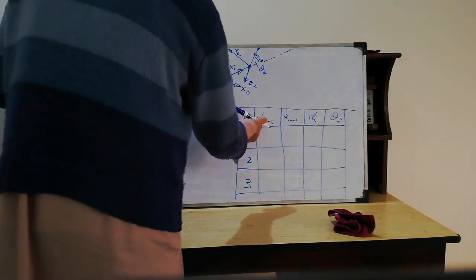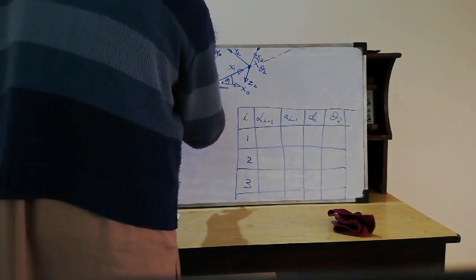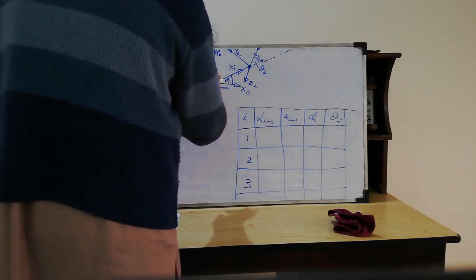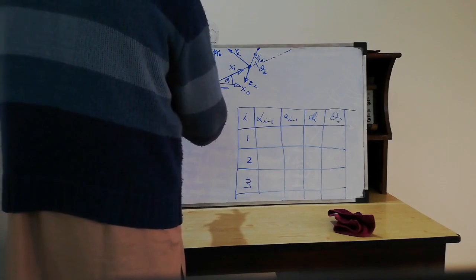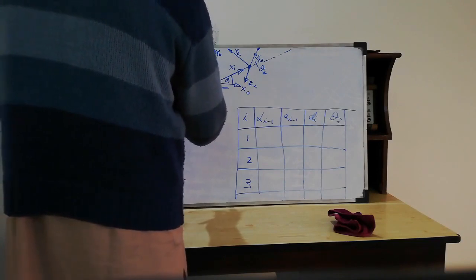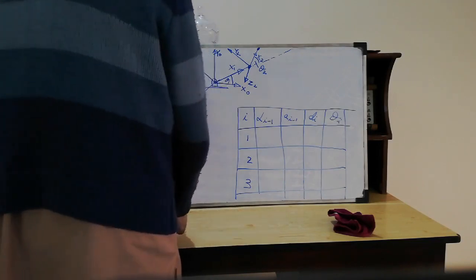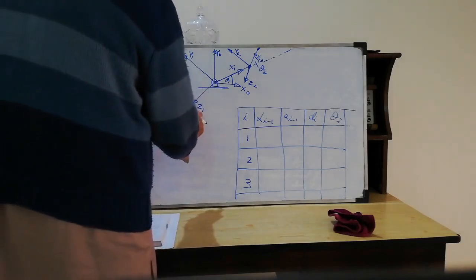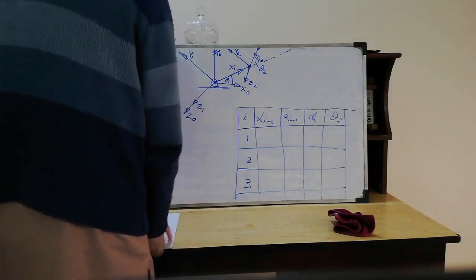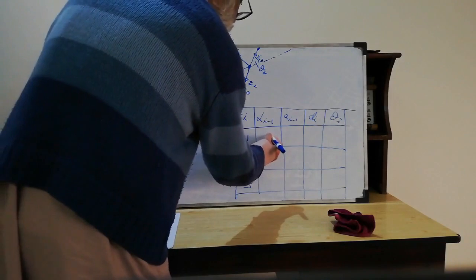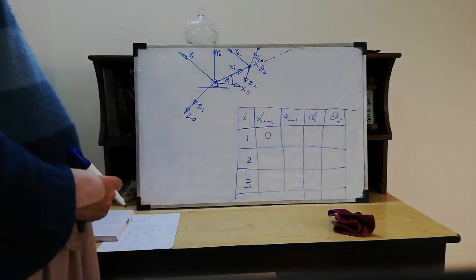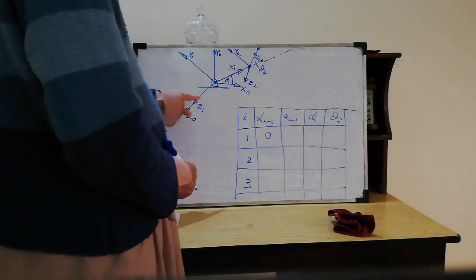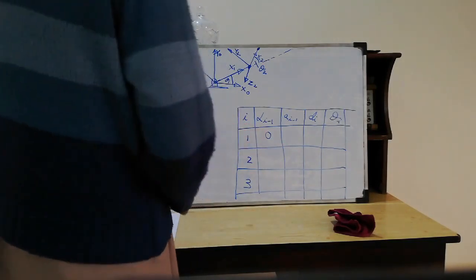So alpha is the angle between z0 and z1, measured along x0. So the angle between z0 and z1 is 0. So this will give me the value of 0.